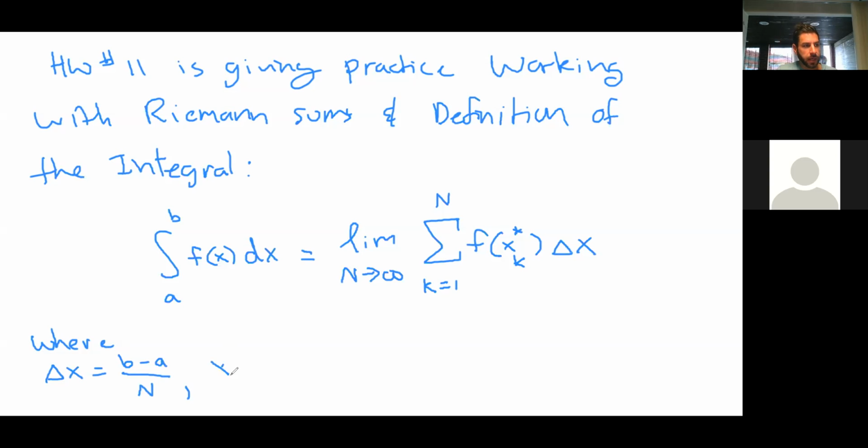Well, x sub k can be given by this formula: a plus k times delta x. That's a scary looking formula. And what do we know about x sub k star? X sub k star can be any number between x sub k and x sub k minus 1.